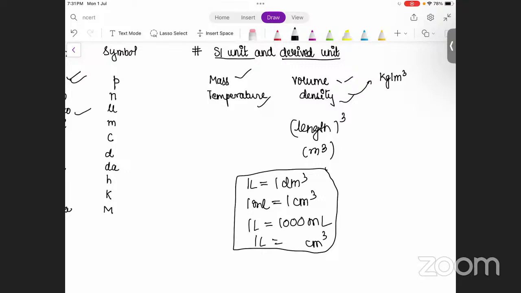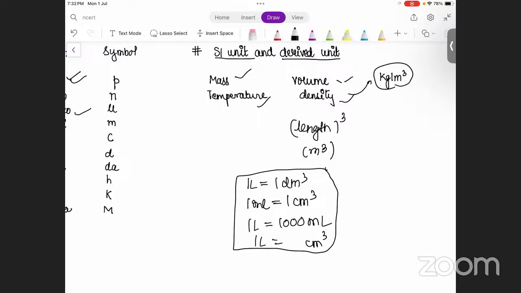These things you have to do very quickly, and you have to revise them again and again so that they don't take much of your time. Now, when we were learning about density, I told you that density is equal to mass upon volume, and the unit will be kg per meter cube.